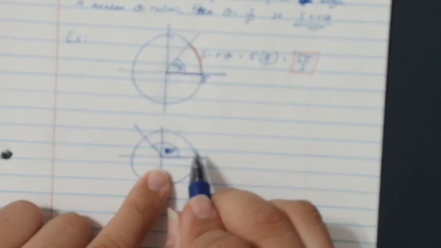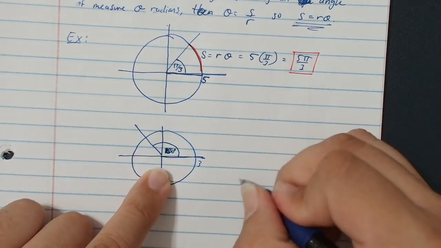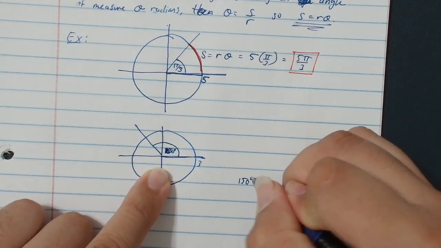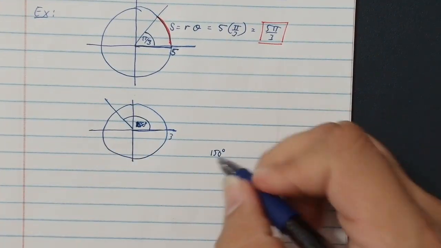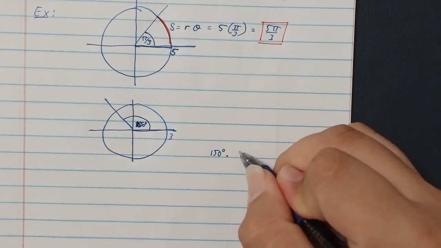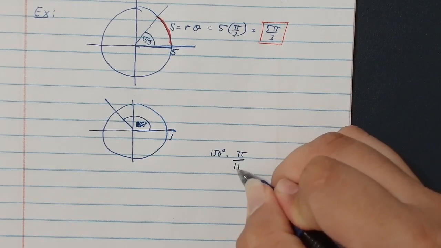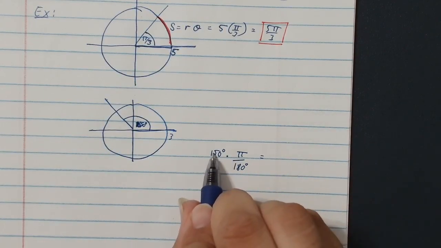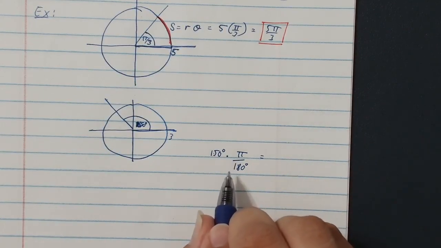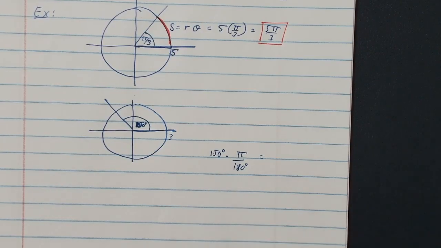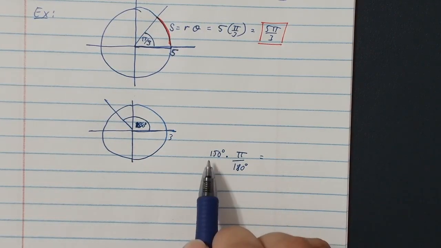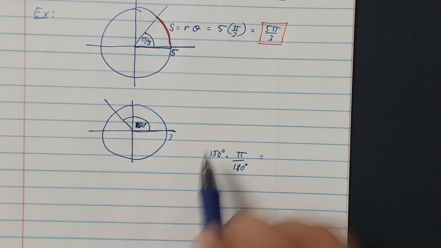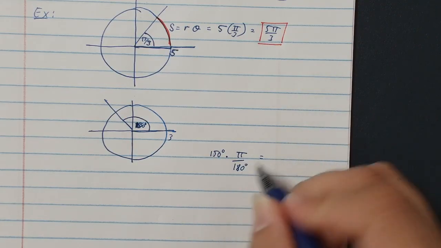Okay, so this would still work. We just have to convert to radians first. So 150 degrees, remember to convert from degrees to radians, you need to multiply by pi over 180 degrees. So 150 over 180, that reduces down. I can divide top and bottom by 30. So that'll give me 5 pi over 6.